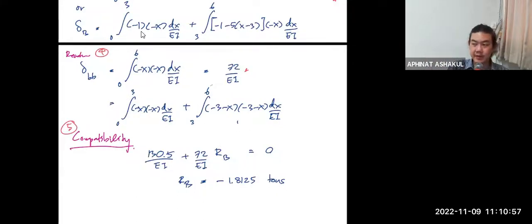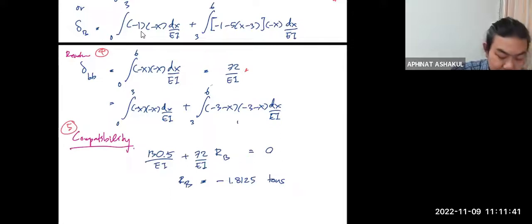So some numbers are going to turn out negative, and in the end the reaction should come out positive, because if I apply the unit load upward, the reaction is also upward, similar to the direction of the unit load. But I am so used to the downward load because we all take care of gravity load, which is all downward, so I'm very comfortable applying the downward load. So in the end, my reaction is negative. So it's nothing to be fearful about. Okay.